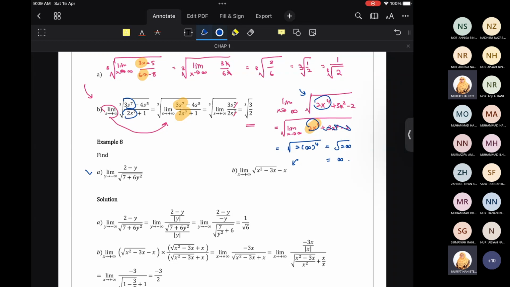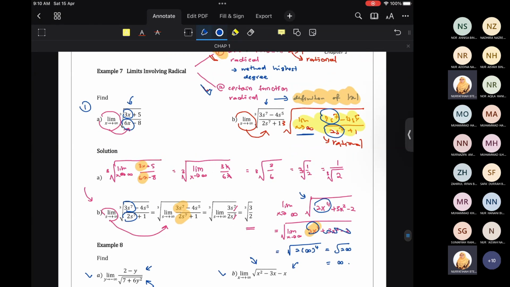Sebab the upper part we don't have any radical, but the bottom part kita ada radical. Yang B, this one also not whole function ada radical, sebabnya the first two terms ada radical, yang the second term, the third term tu tak ada radical. This is the example untuk case number 2, certain function ada radical.